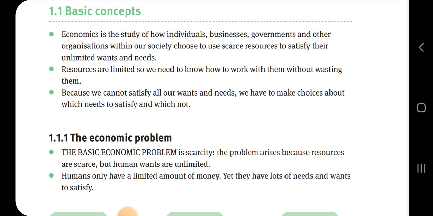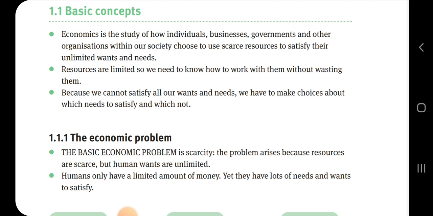A lot of people in South Africa consume maize as a staple starch. Sometimes the maize we have in the country is not enough for all of us, and we have to import from other countries. So that is how we are going to best use the resources that we have to satisfy our unlimited needs and wants.